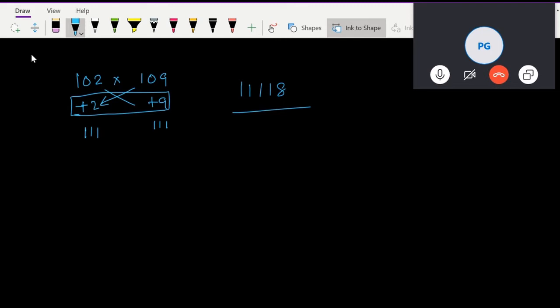Okay. What happens if one number is greater than 100, the other is less than 100? So the logic remains the same. So let's say 107 into 91. Okay. So this is plus 7. This is minus 9. Right. So again I do a cross. So this becomes 98. Okay.